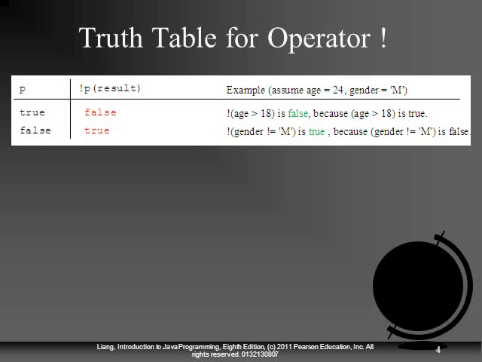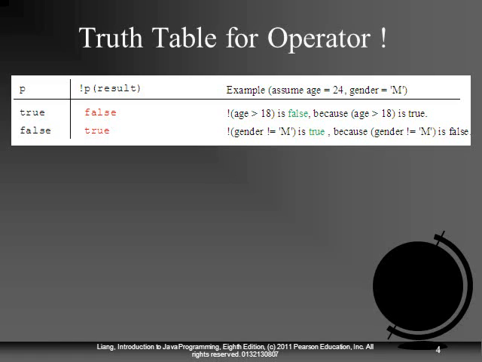The first operator we're looking at here is the not operator. It's a very simple operator in that it simply changes a true or false result to the opposite. So it's kind of like the negative sign when we want to change the sign in arithmetic.